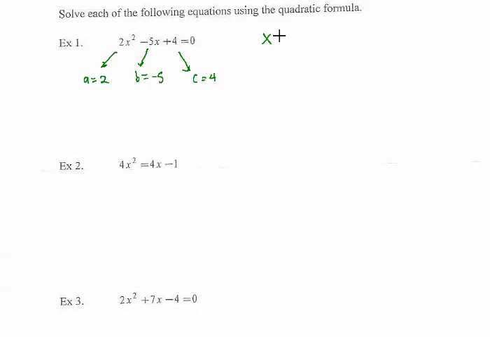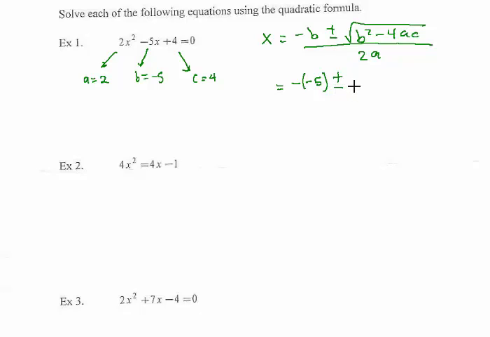And so we have the formula x equals -b plus or minus the square root of b squared minus 4ac all over 2a. So this minus is a part of the formula, and we have an additional minus when we insert b, so this is minus minus 5.